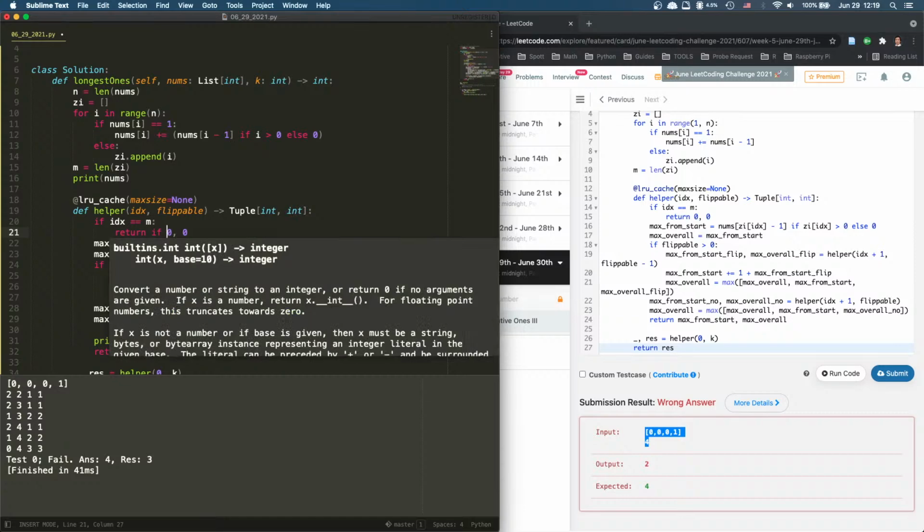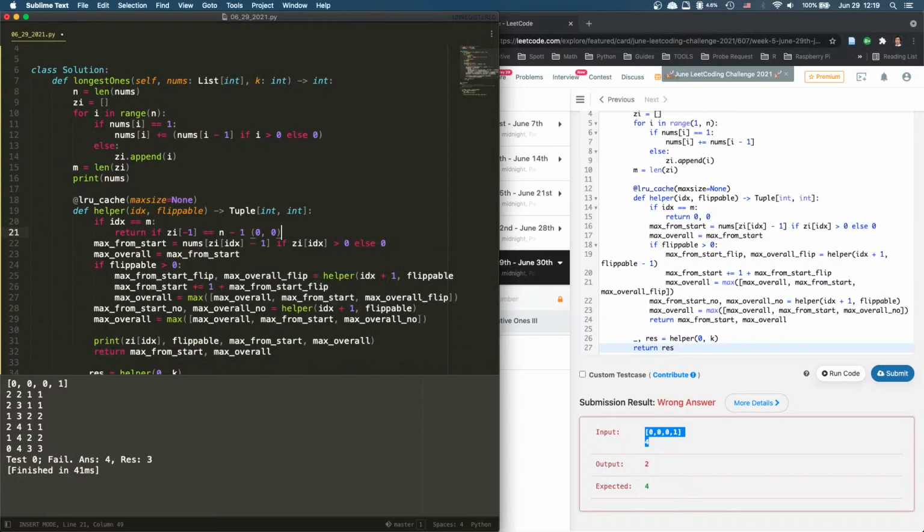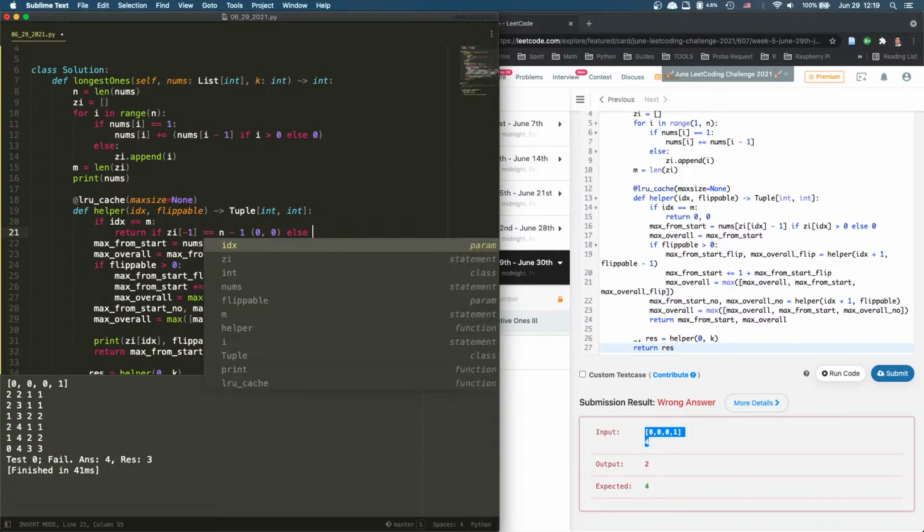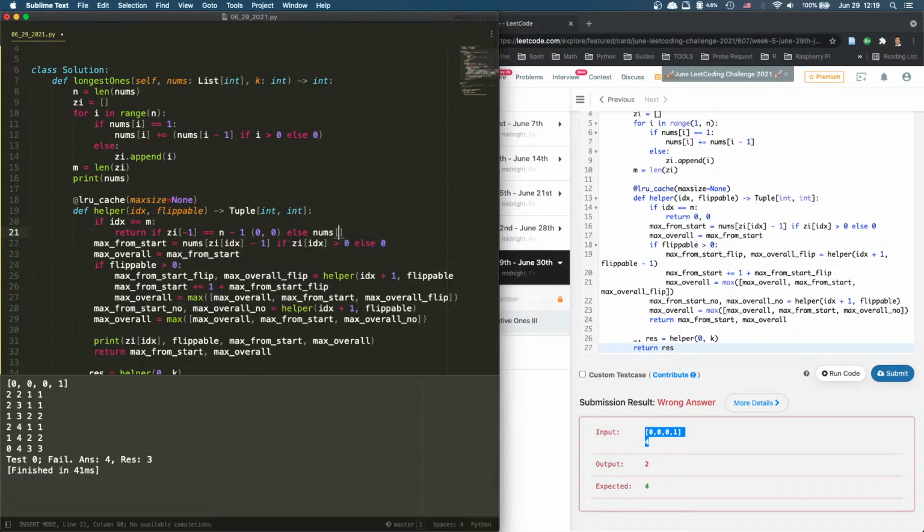If zi minus 1 is equal to m minus 1, so the last one is 0, then return 0, 0. Else, we're going to return nums minus 1, nums minus 1, because that's the total number that we can get.